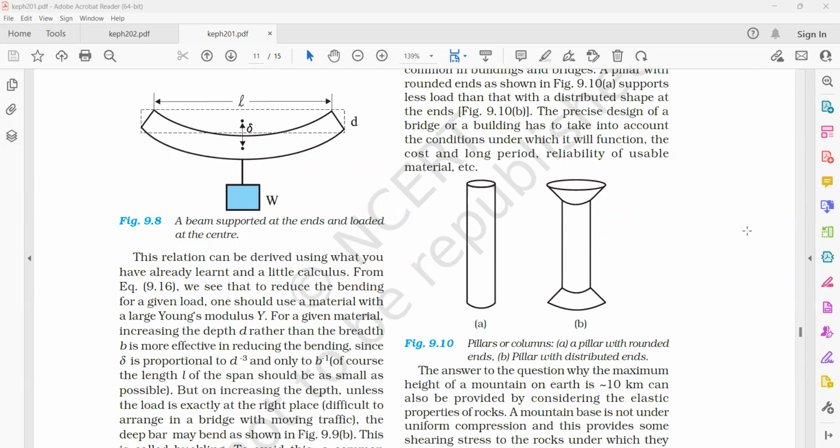But we accept the deformation, we do not accept permanent deformation. It should come back to its original position once the load is removed. That's what we say: then it is within the elastic limit. That's where whatever we studied, Hooke's law, is getting obeyed.